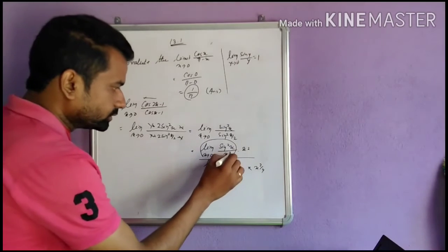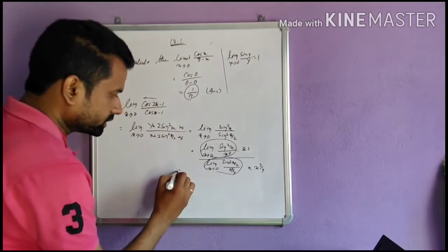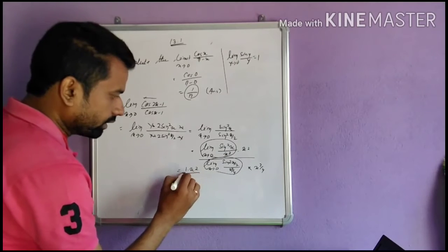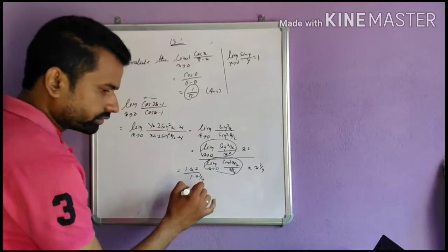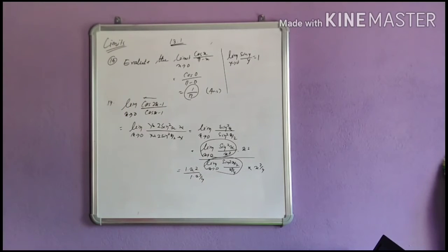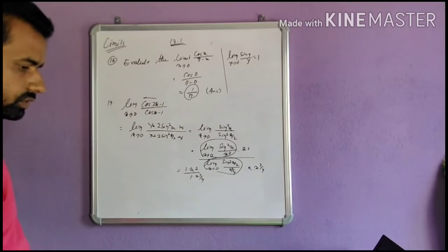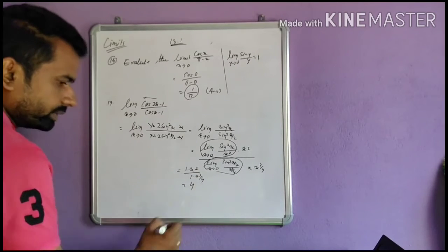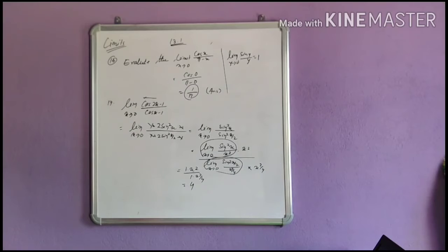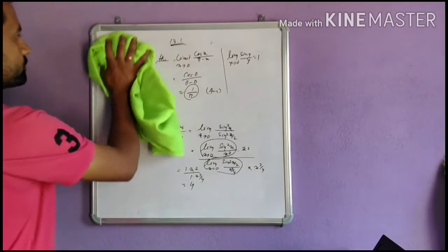This value is 1, this is also 1, so x square cancels and the answer will be 4. That's all.